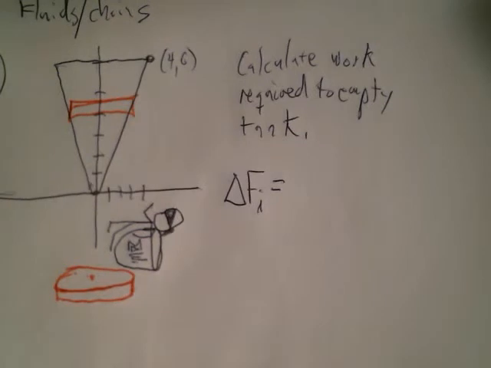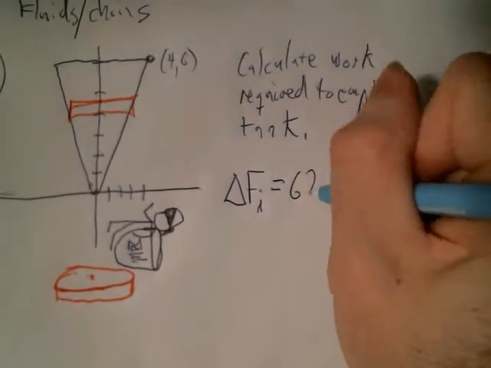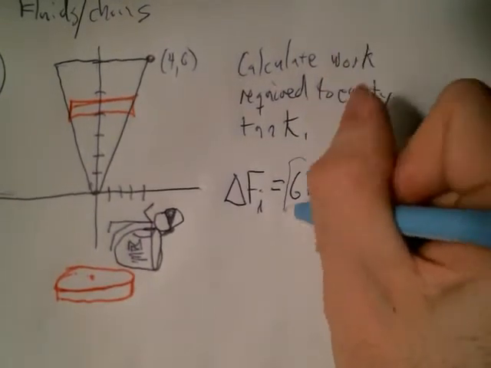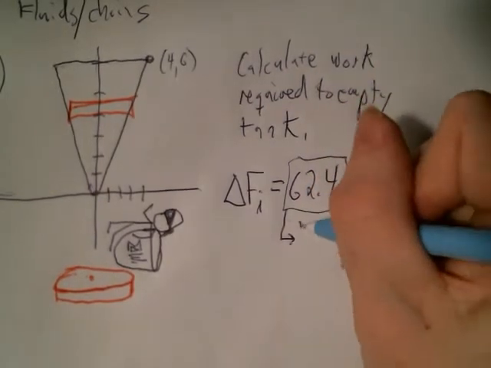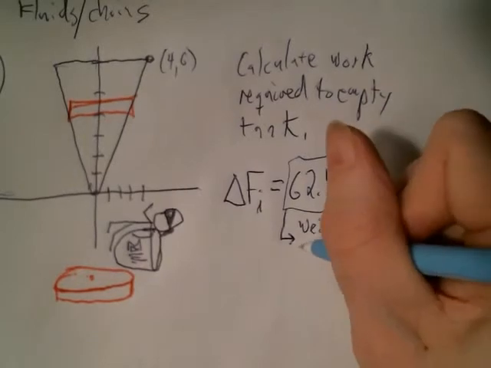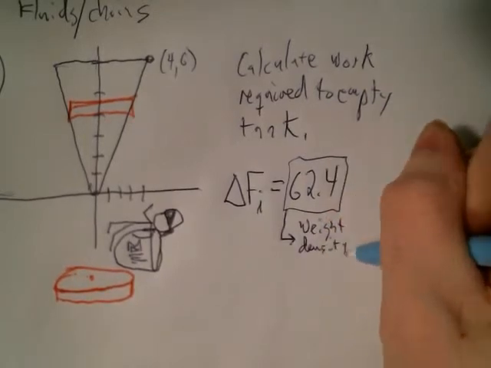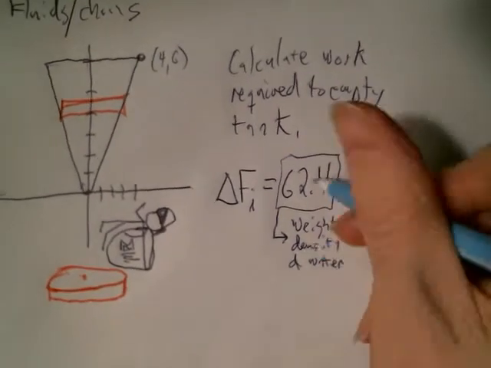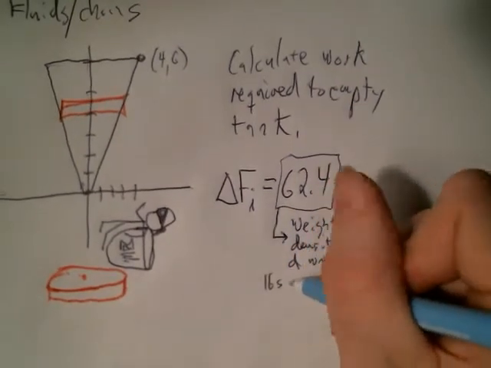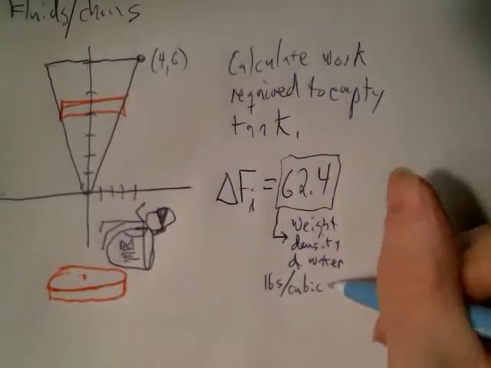So we have 62.4 as the weight density of water, and the units on this are pounds per cubic foot.